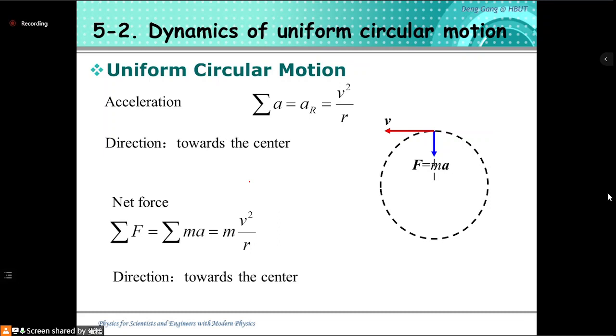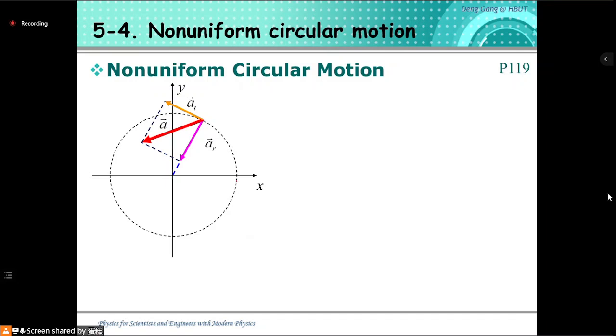So if you want to change the magnitude, you need an acceleration or at least a component along the direction of the velocity, the tangential direction. So that's why for non-uniform circular motion, there will be acceleration in both the radial direction and the tangential direction.